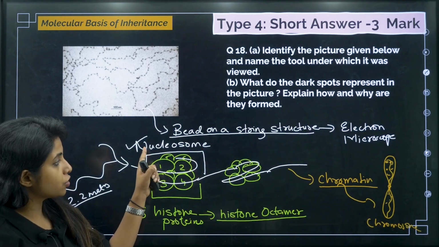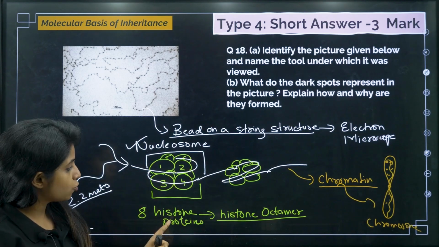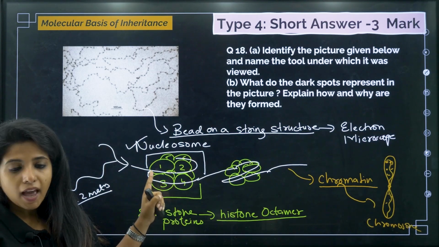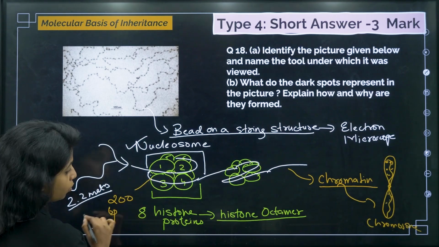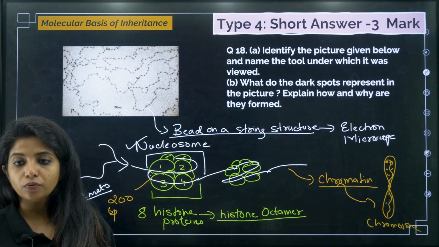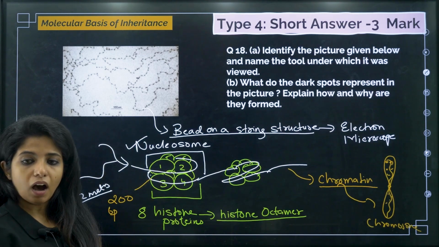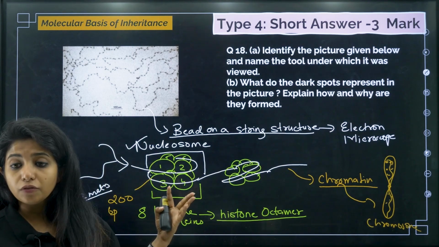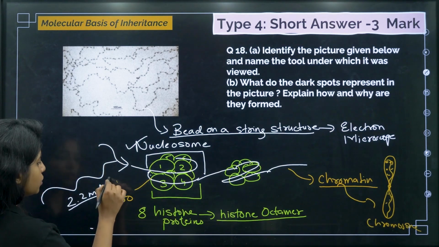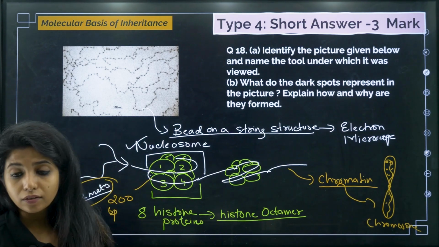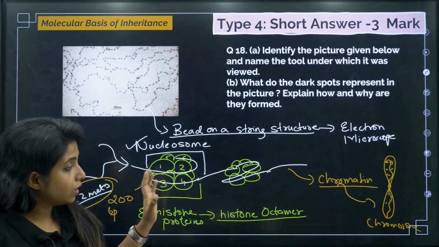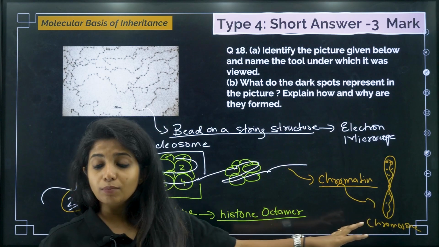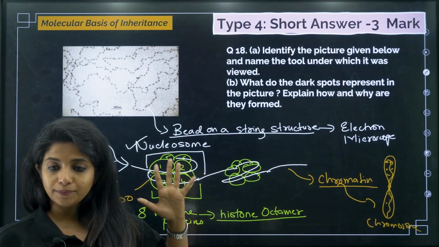So this structure is known as a nucleosome, the histone proteins plus the DNA, and there are 200 base pairs of DNA coiled around over here. This is how they are formed, and why? Because you want to arrange this 2.2 meters of DNA together somewhere, and there should be some way to do that, and that is this. Later on, this chromatin arranges itself into chromosome during cell division.